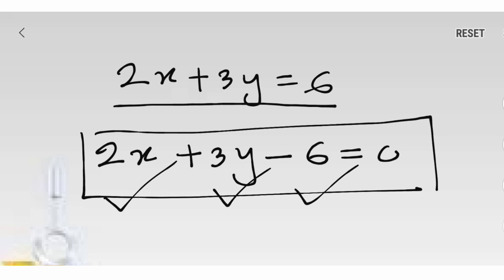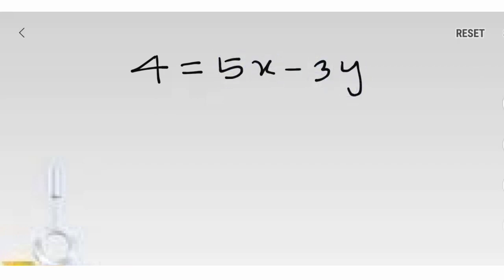So this is the method of writing an equation in standard form. Consider another example: 4 equal to 5x minus 3y. It is a linear equation in two variables, but it is not written in standard form. So how to write it in standard form? First write x term. We can write this equation as 5x minus 3y equal to 4.